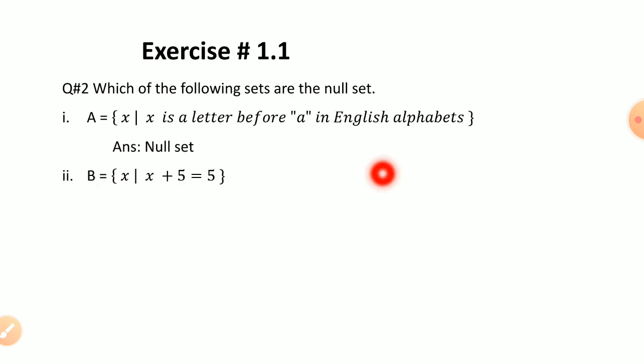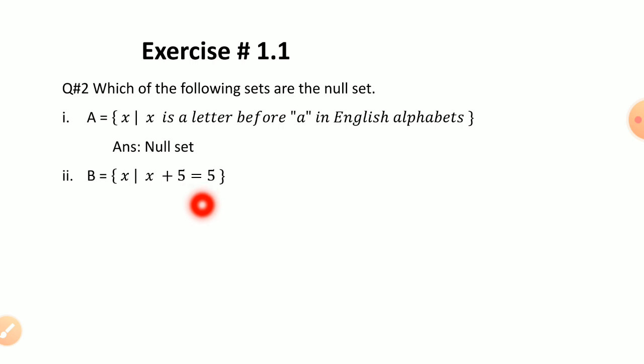Second, X such that X plus 5 is equal to 5. It means the set will have those numbers which, when added to 5, give the answer 5. Let us consider the number. If we take 0 as X, 0 plus 5 is equal to 5.